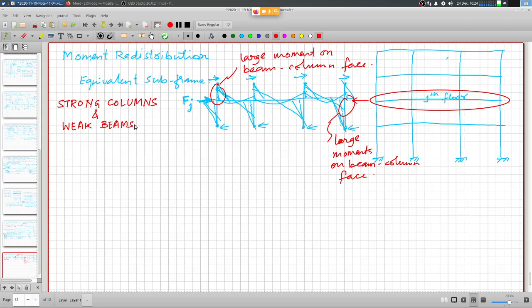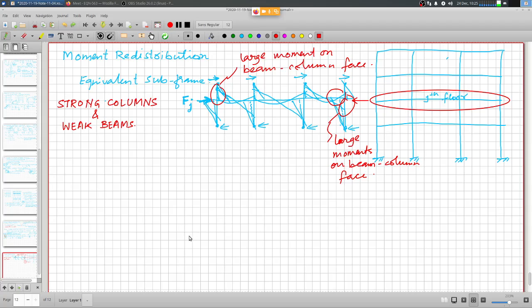Now, if you look at it, the beams have very large moment demand here, right? The negative moment on this beam column face is very, very high.